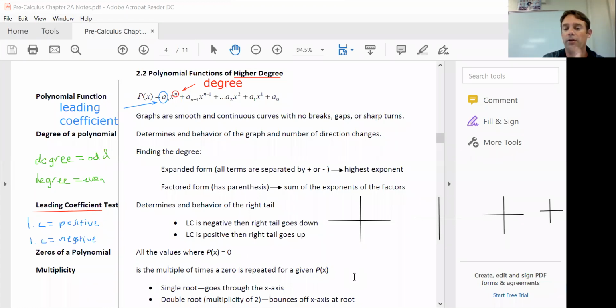So like we saw here, our degrees can be odd and they can be even. A degree could be odd, or a degree could be even.